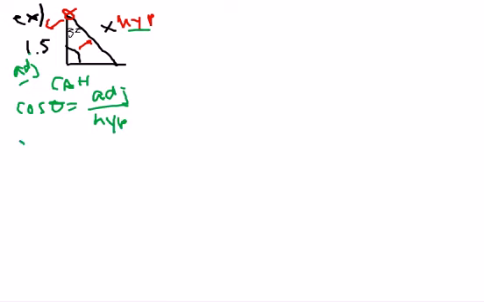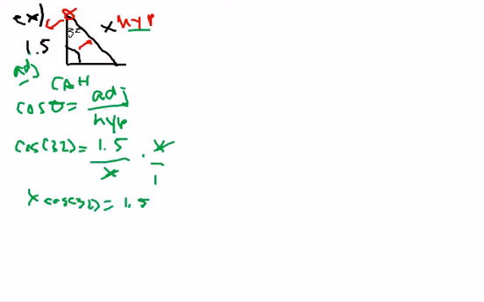Now you want to set it up. So the cosine of your theta, which is 32, is equal to your adjacent, which is 1.5, over your hypotenuse, x. We don't know it yet. You want to do some algebra so that these will multiply to 1. Get it to the other side, and then we want to get x alone.